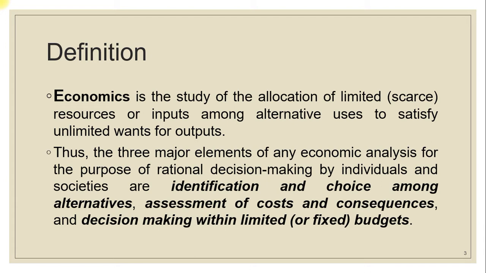Thus the three major elements of any economic analysis for the purpose of rational decision making by individuals and societies are: the first one is identification and choice among alternatives, the second is assessment of cost and consequences, and the third one is decision making within limited or fixed budgets.